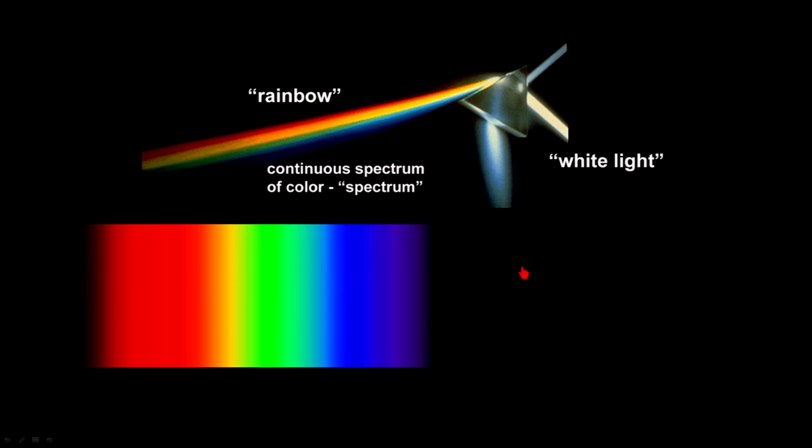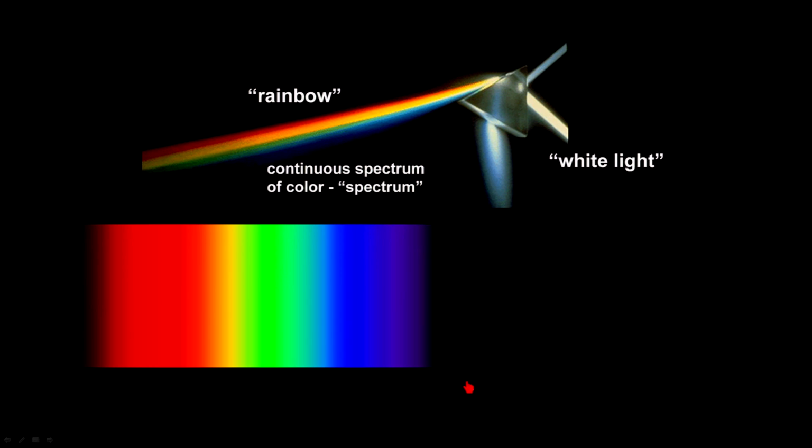One last thing that's needed for students of astronomy is they need to learn the order of the colors of the rainbow, and they need to know the correct colors in the correct order. So officially, the rainbow, or the visible spectrum, is composed of red, orange, yellow, green, blue, and violet. Those are the official colors of the visible spectrum.